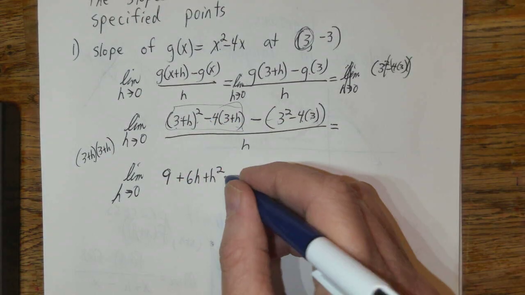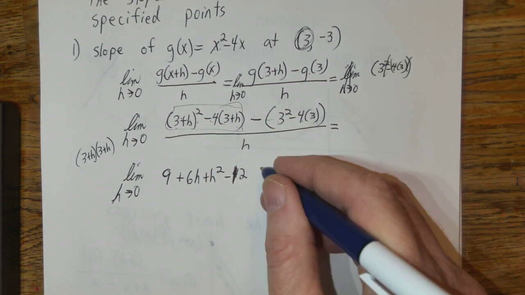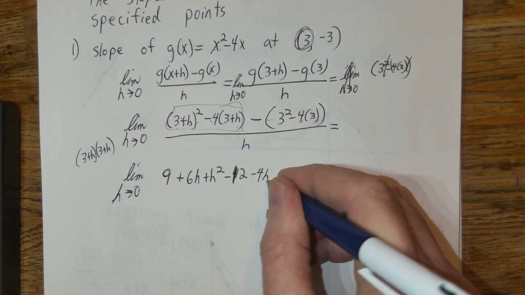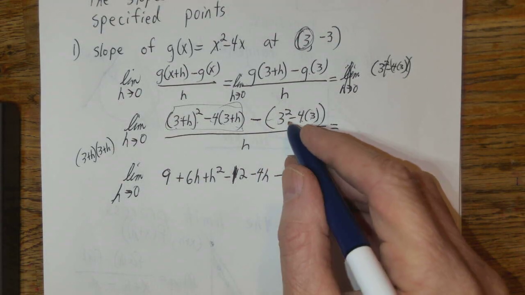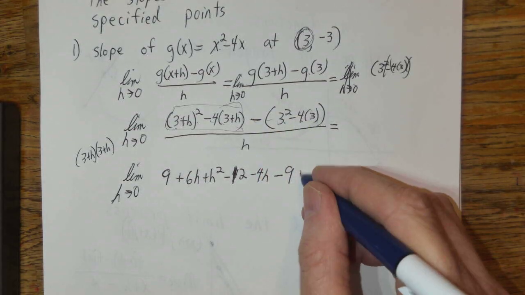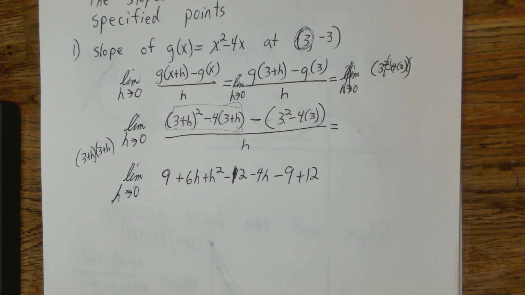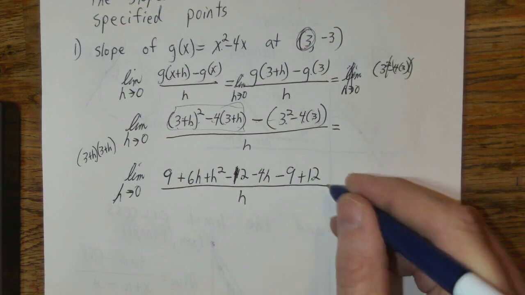I'm going to distribute here. Negative 4 times 3 is negative 12. Negative 4 times h is negative 4h. And then minus 3 squared, which is minus 9, and minus negative 12, that's plus 12 here. Okay, and that's over h.